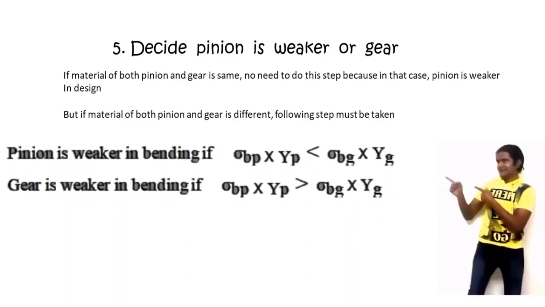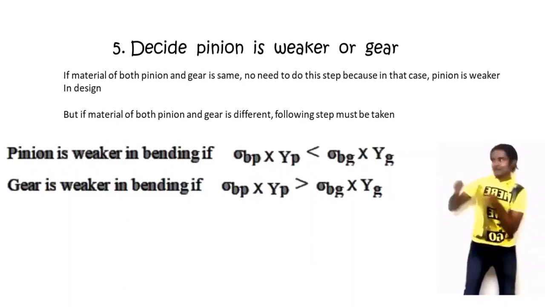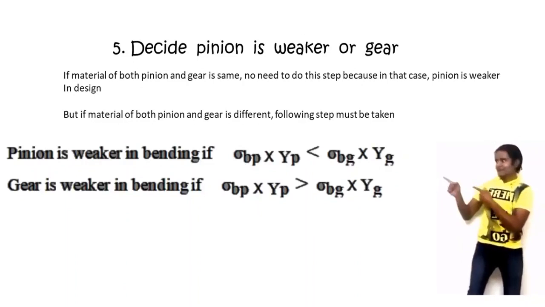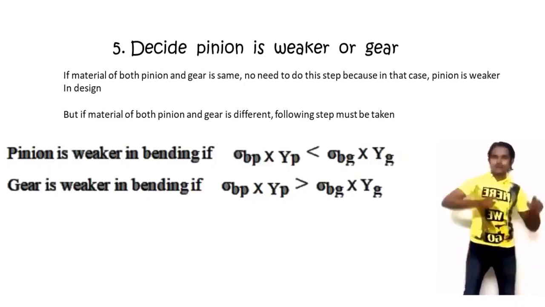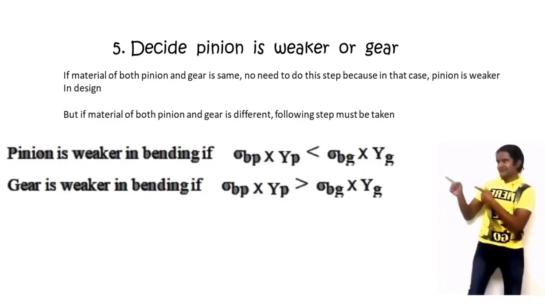Sigma BP is bending stress for pinion, YP is Lewis form factor of pinion, sigma BG is bending strength for gear, and YG is Lewis form factor of gear. So you multiply sigma BP into YP and sigma BG into YG and compare. If the value of gear is more, then you can say pinion is weaker in design.